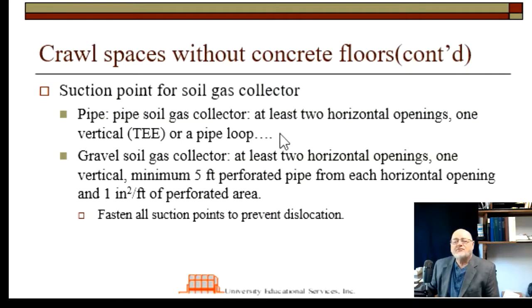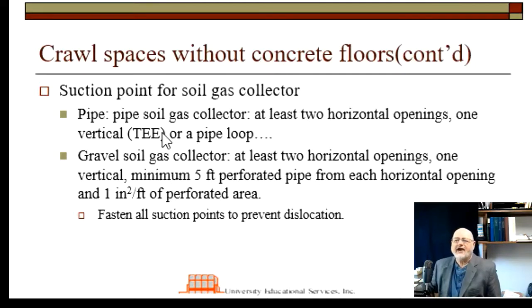Now, some of this I've already mentioned. If you're using a pipe soil gas collector, really you're going to put a T in. You're going to have 2 horizontal openings and 1 vertical, so that's a T. Another variation you can do is you can put an entire pipe loop in if you want.